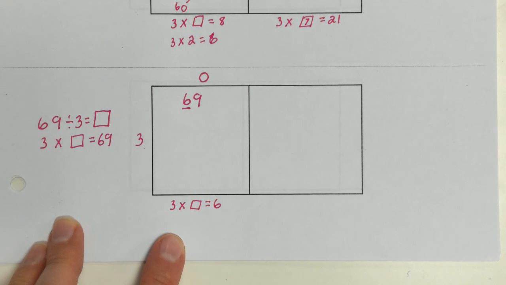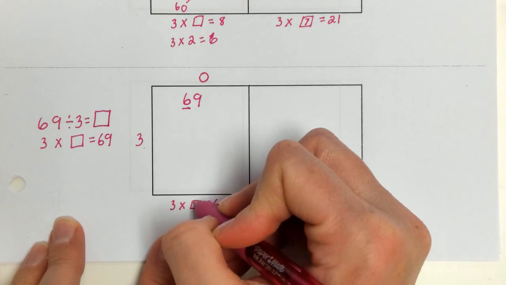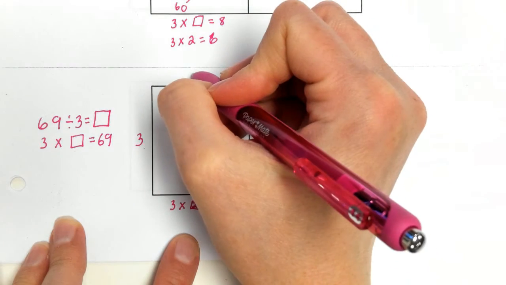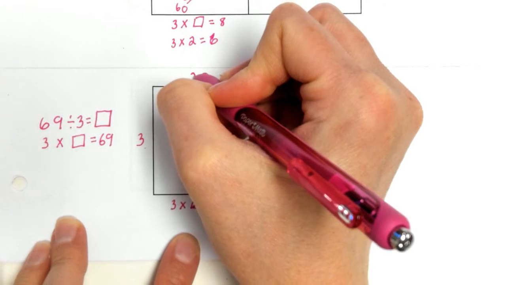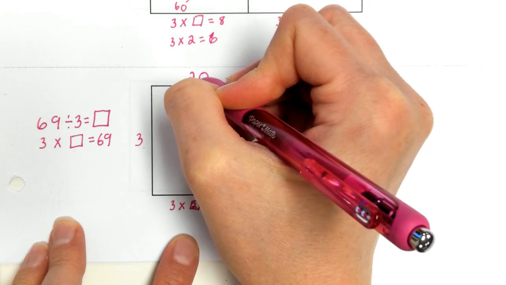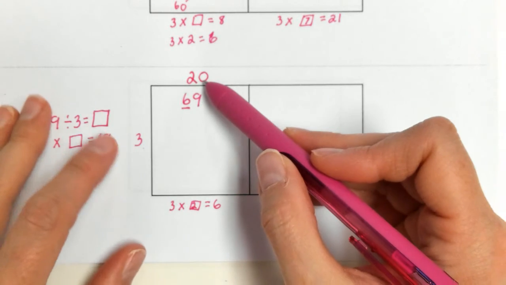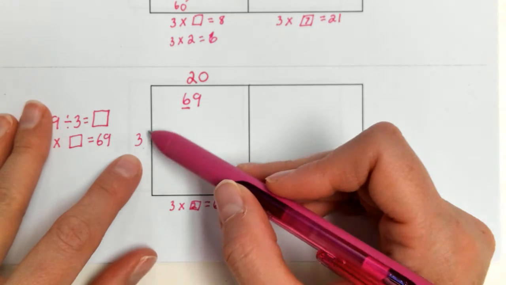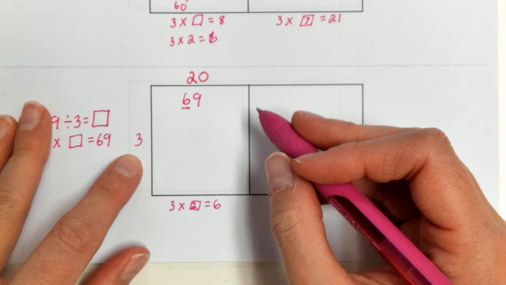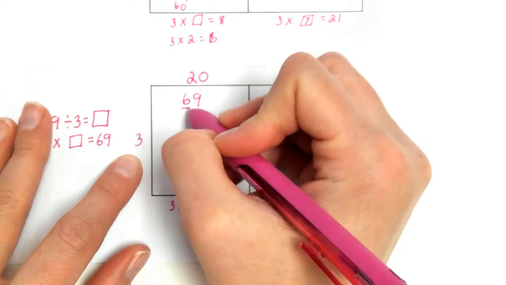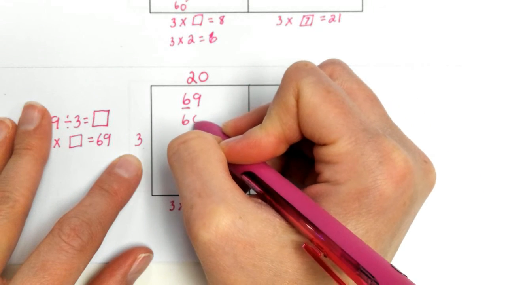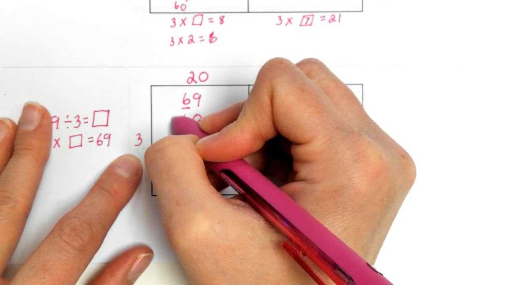Right? 2. So 3 times 2 equals 6. So I'm going to write my 2 up here because that's what I'm multiplying the 3 by. So now I'm going to multiply 20 times 3. What is 20 times 3? 60. It's 60. I'm going to write that there.